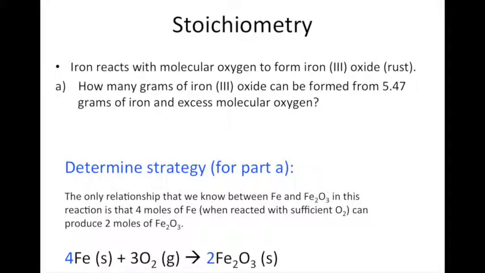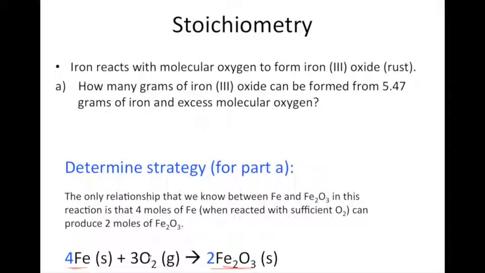So the next thing we need to do, once we have our balanced chemical equation, is determine a strategy for solving part A. We want to know how many grams of iron oxide, what's the most grams of iron oxide that we can produce from 5.47 grams of iron. And we're told that we have as much oxygen as we need.